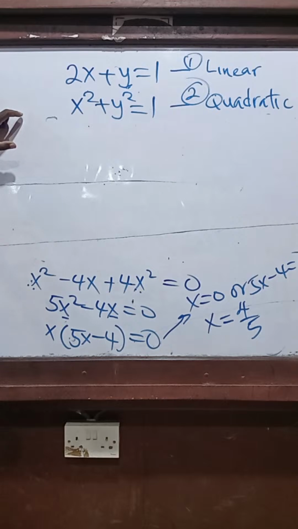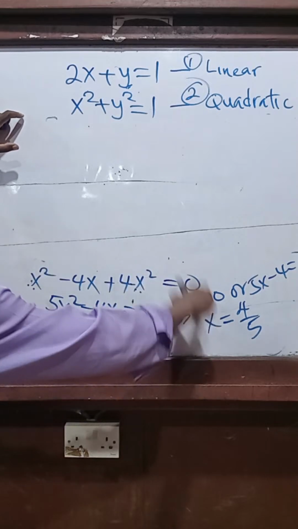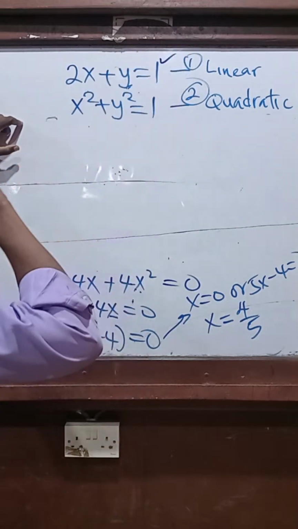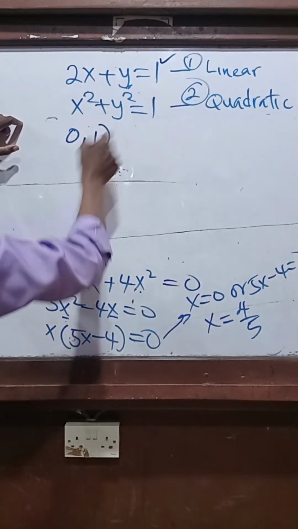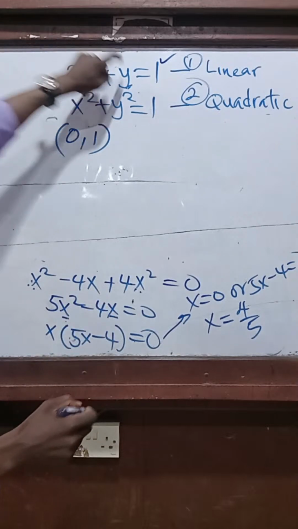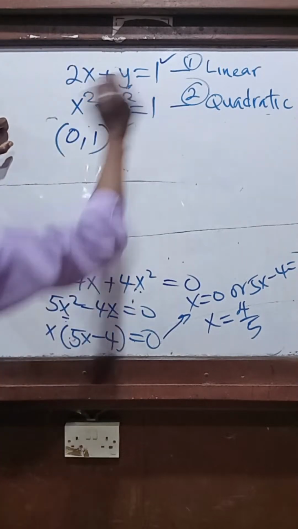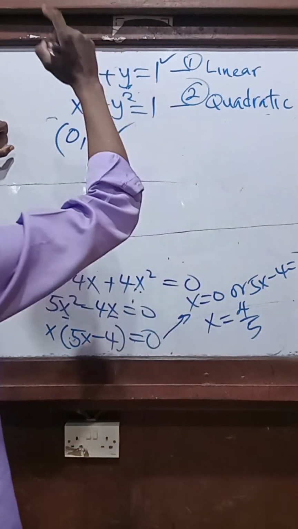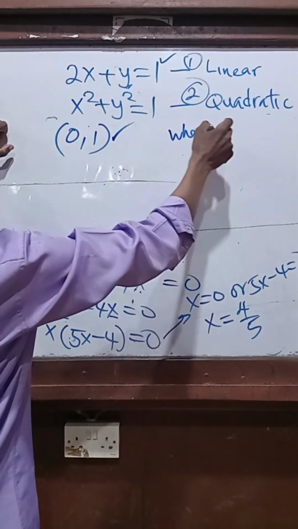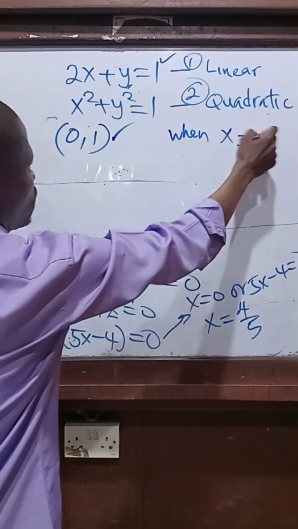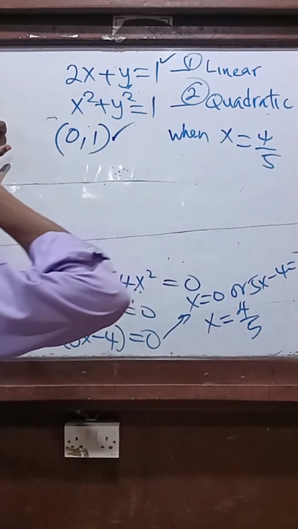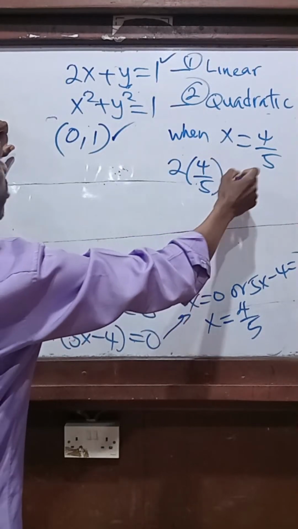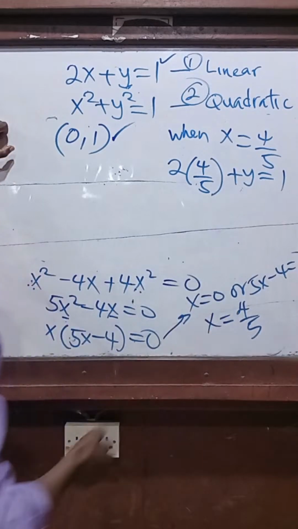So what I will do now, let's do it when x is 0, using the first equation. When x is 0, automatically, if you put it here, y will be 1. So this one is done. The second one, let's do that. When x is 4 over 5, we're going to have q times 4 over 5 plus y equal to 1.